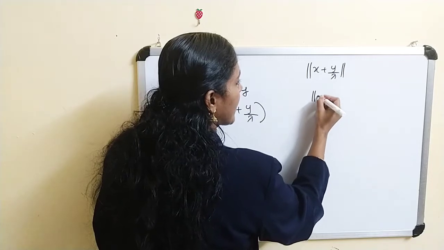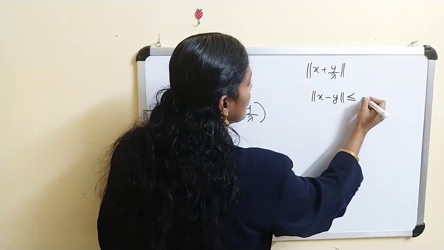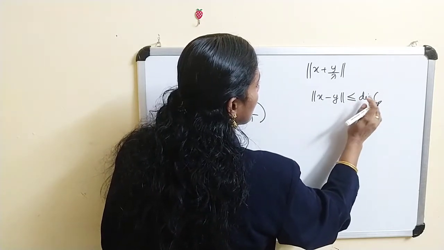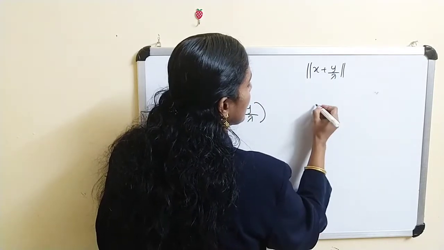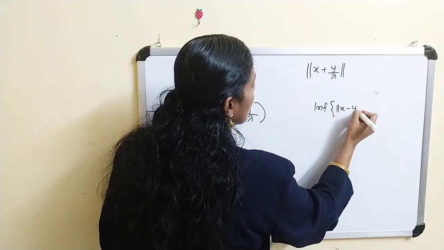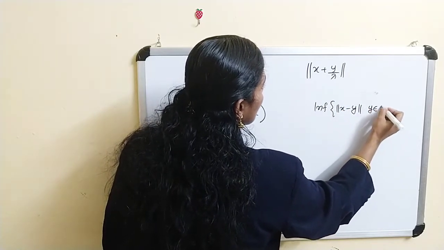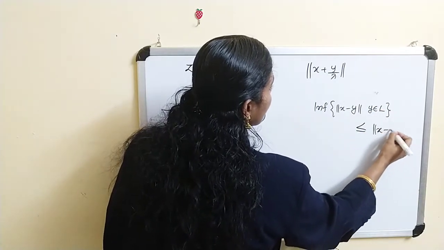The infimum of norm of x minus y, over y belongs to L, is clearly less than or equal to norm of x minus y.